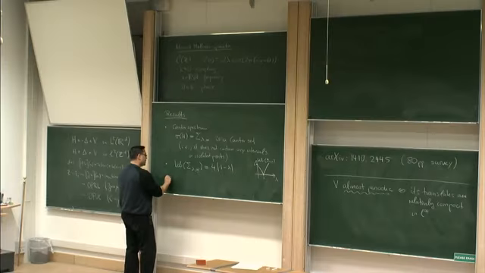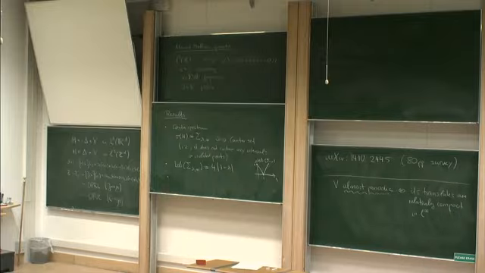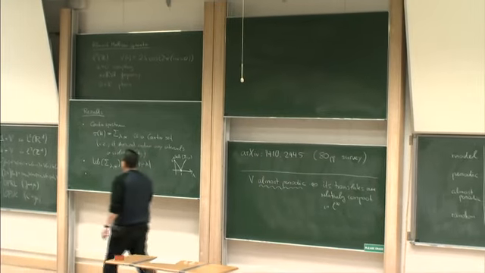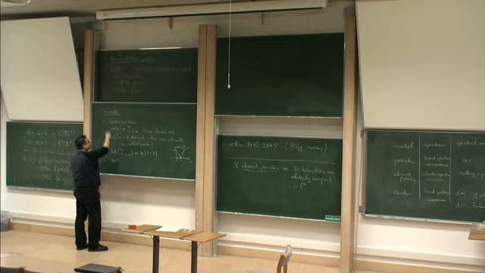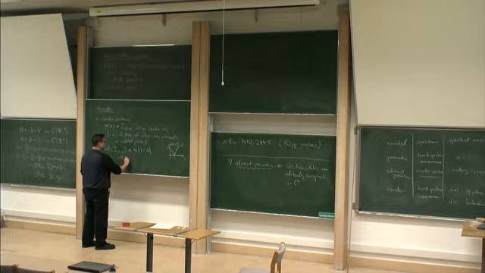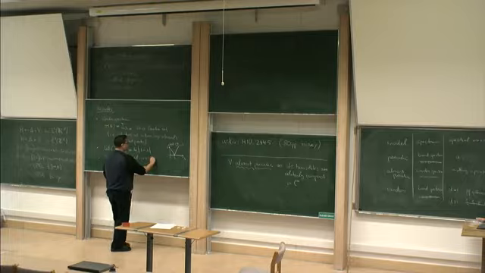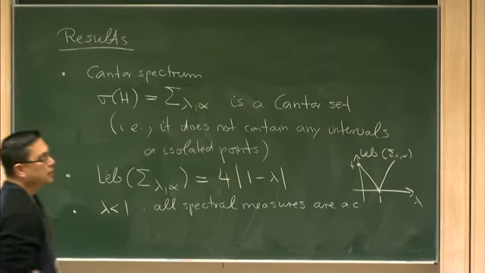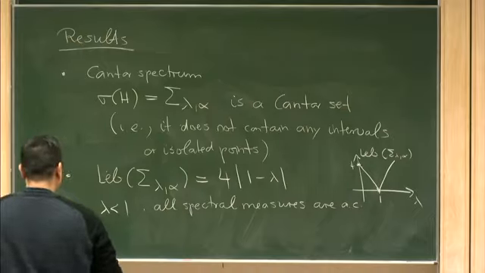The third result demonstrates that any spectral type is possible. So if lambda is less than 1, again, it's always assumed positive, then all spectral measures are absolutely continuous. Okay, so this would be the spectral type that you know from the periodic case.